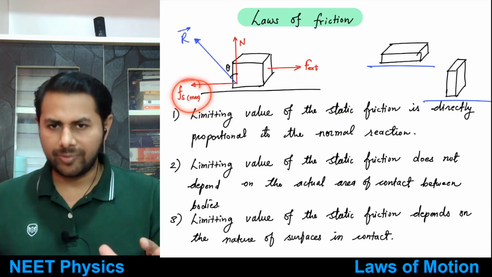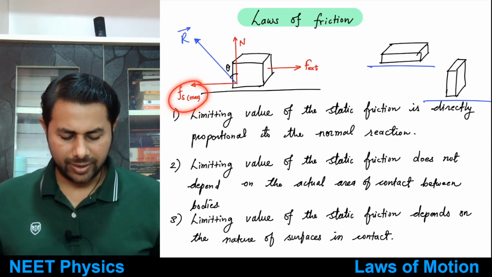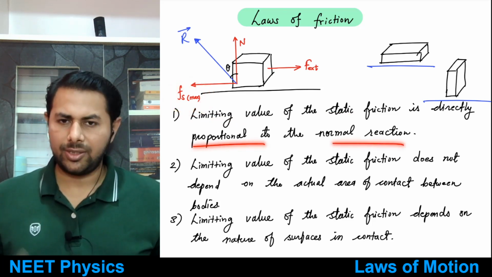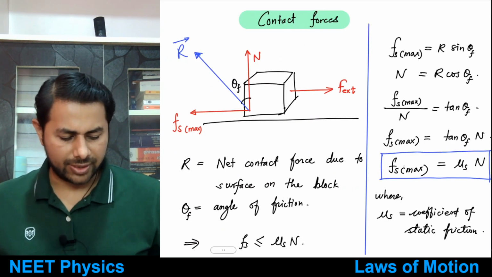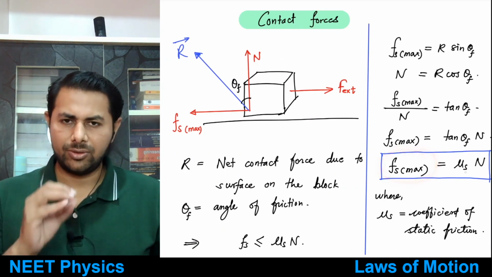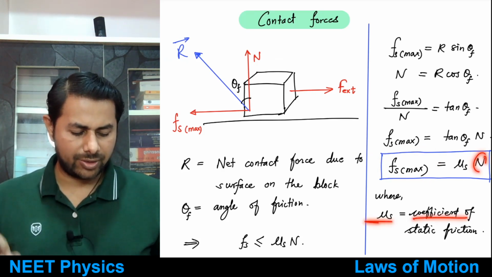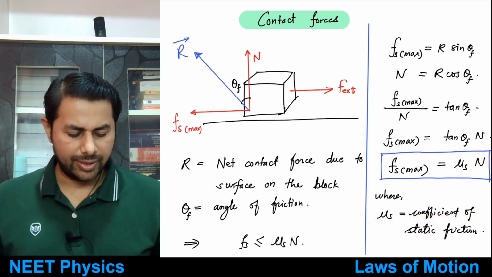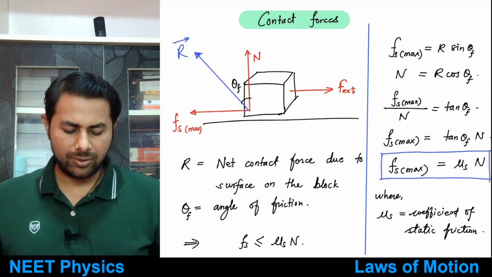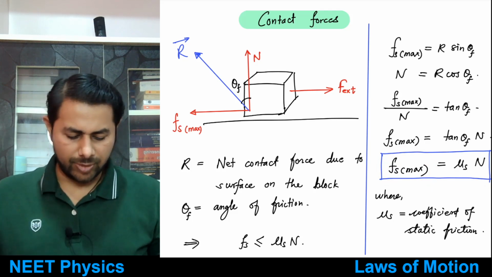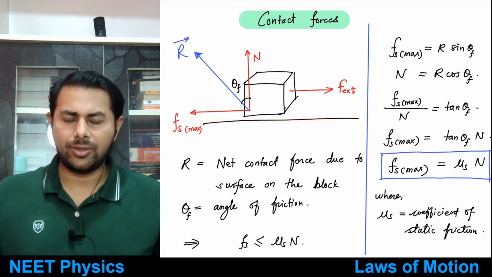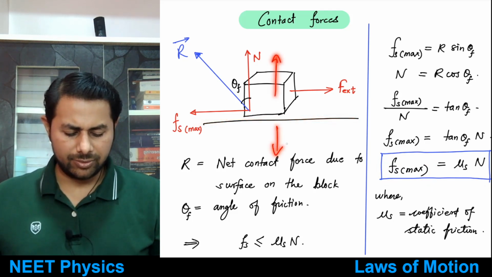So the first one is the limiting value of static friction, Fs max, which is directly proportional to the normal reaction. We just saw that Fs max is equal to mu s multiplied by normal reaction, where mu s is called the coefficient of static friction. Now if this block is resting on a horizontal floor, normal reaction is just equal to mg.